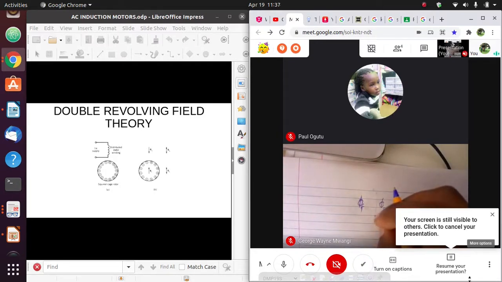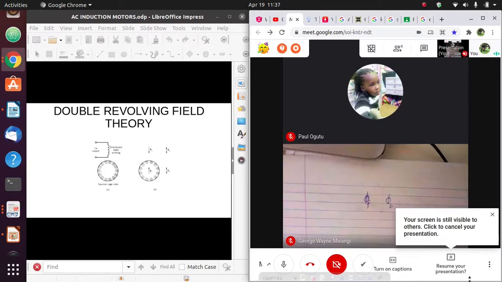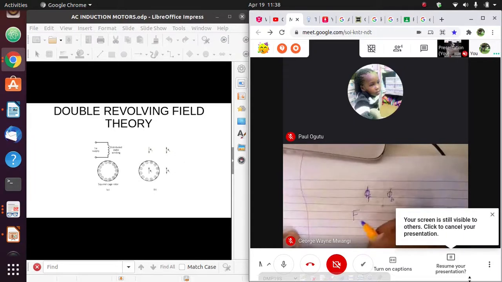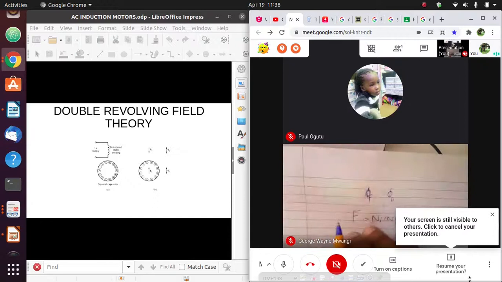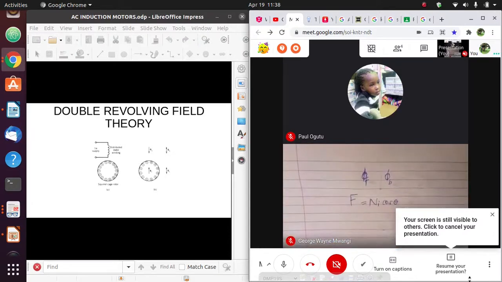Now the force that is being produced by the stator can be represented mathematically as N i cos theta. This formula I'm just showing you.